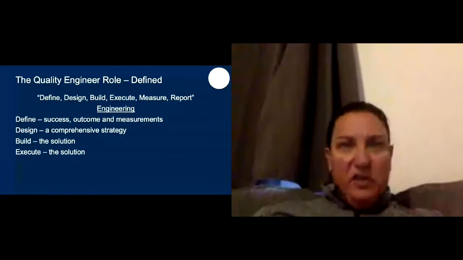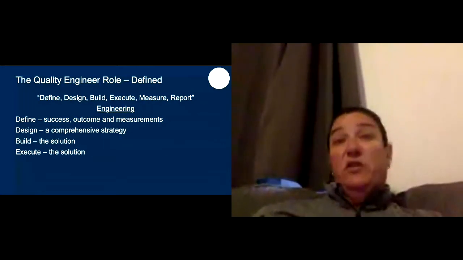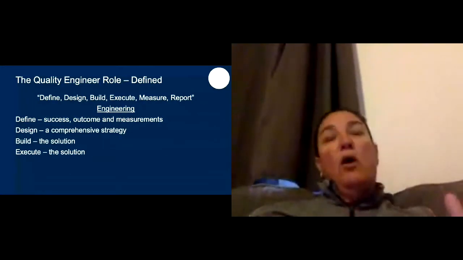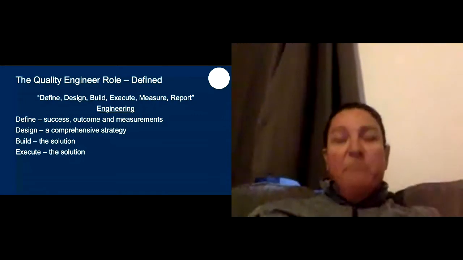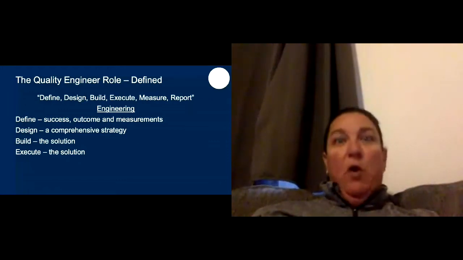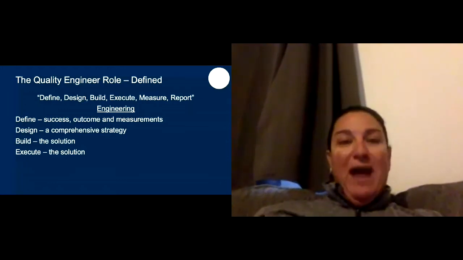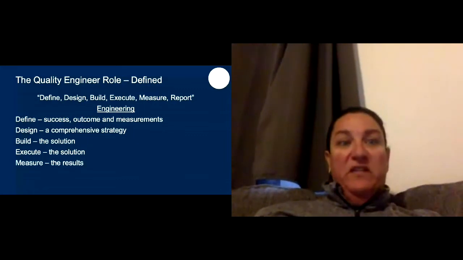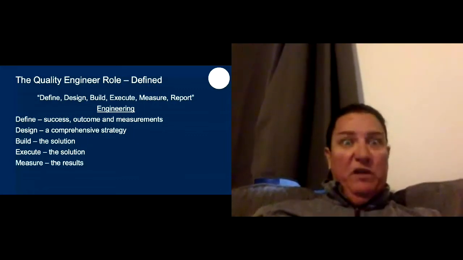And then, of course, we execute that solution. Whether that is executing test cases from a manual standpoint, executing automated test scripts, or performing exploratory or non-scripted testing, we're executing that solution that we designed and built previously.